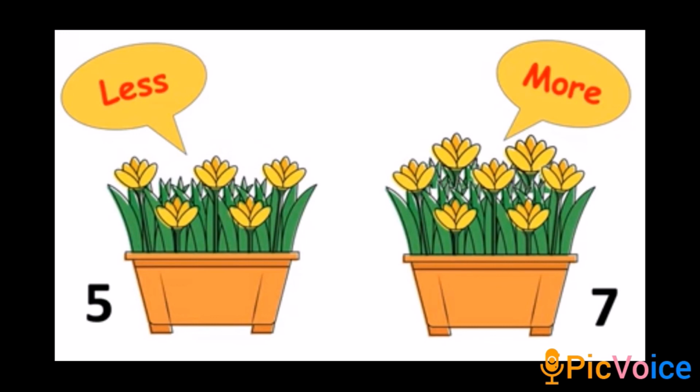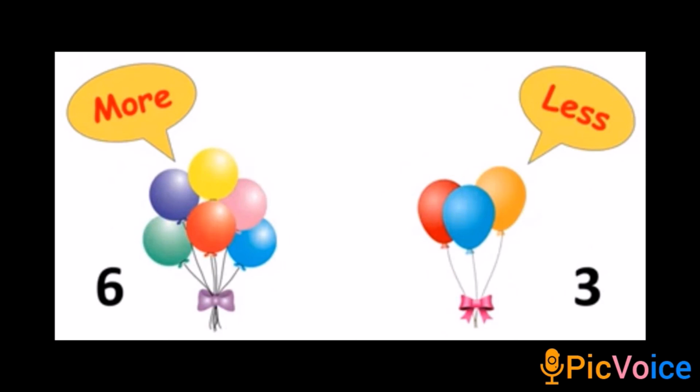Okay, which is greater children? Yes, very good. 7 is greater than 5, isn't it? So we can easily say the 7 flowers in this flower pot are more and the 5 flowers in this flower pot are less. Okay children, from this we can easily find out which is more and which is less.